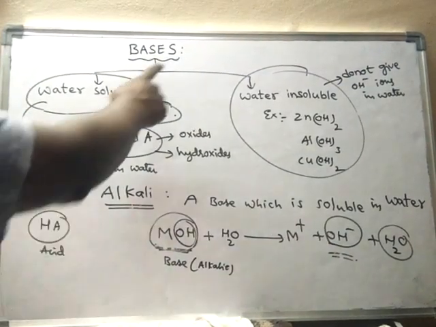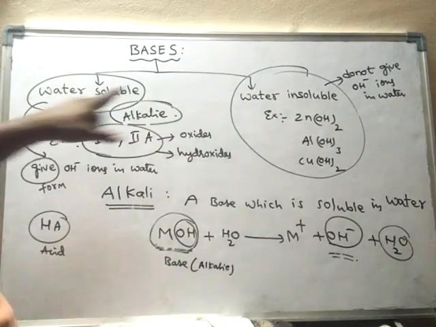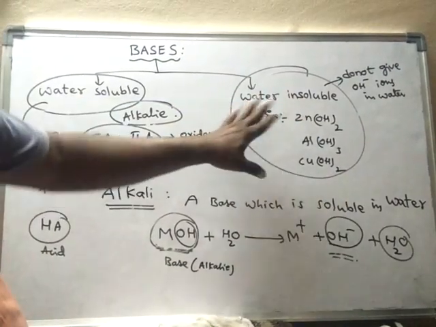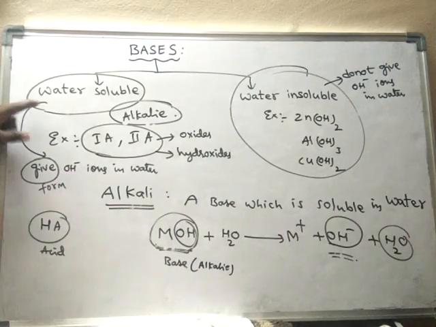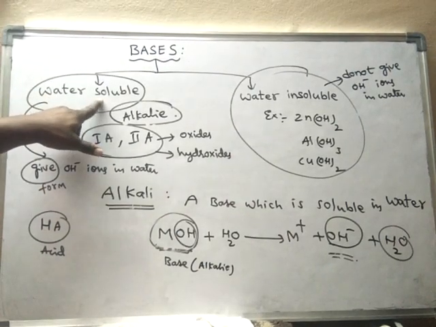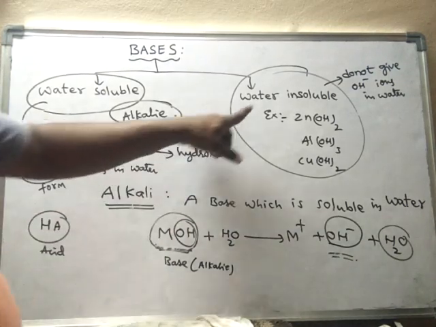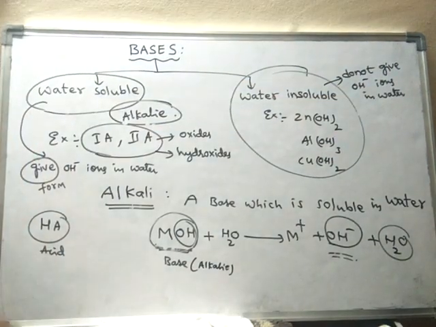So bases can be classified into water soluble bases and water insoluble bases. Water soluble bases are called alkalis, and water insoluble bases are simply called bases. These water soluble bases or alkalis form OH minus ions in water, whereas water insoluble bases do not form OH minus ions in water.